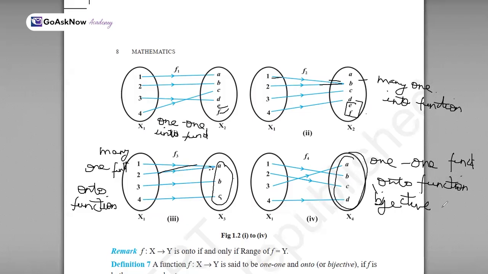It is very important to remember that if a function is both one-one and onto, then it is called a bijective function. So those conditions should be fulfilled for the function to be called bijective.